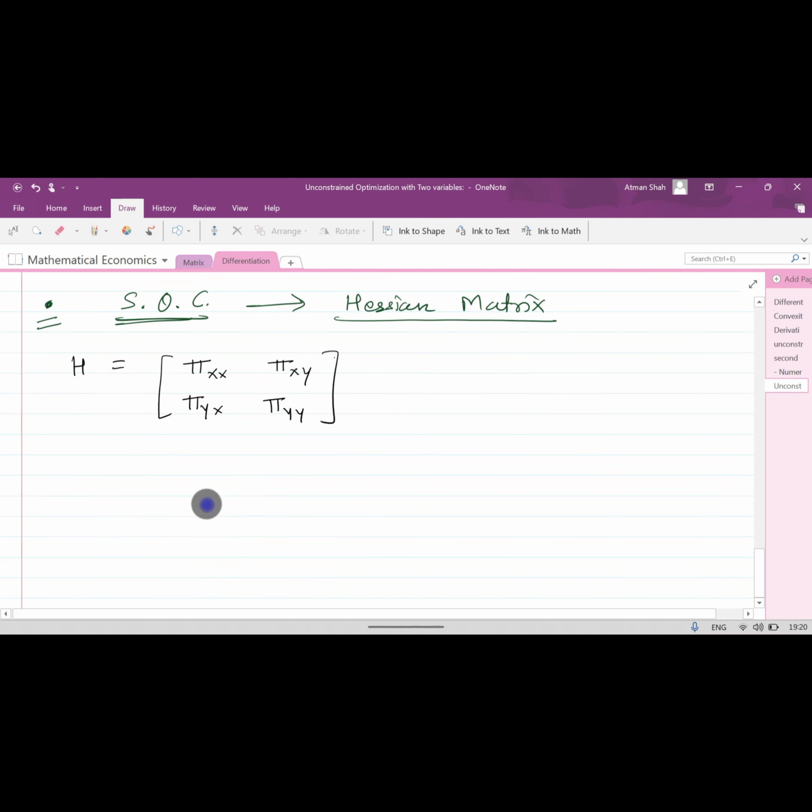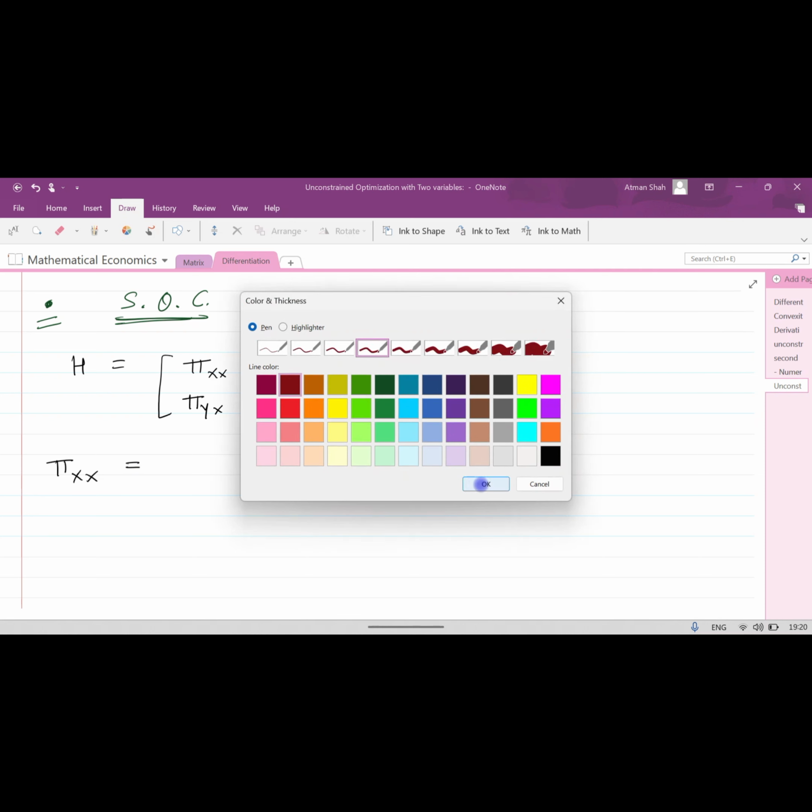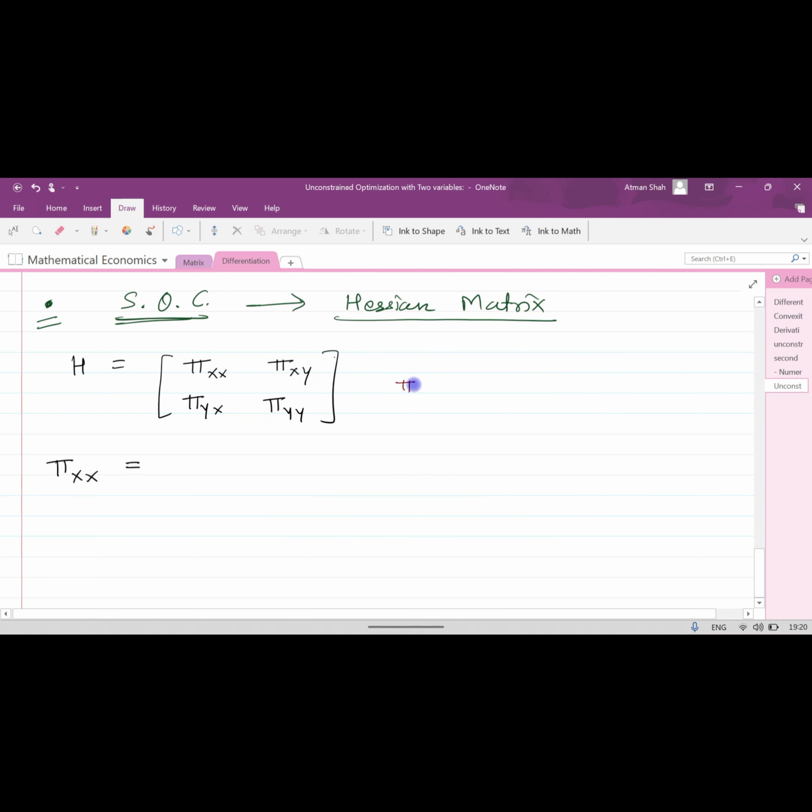So let's find pi xx first. So now what is our profit function? Let me note down again. The profit function pi is equal to 100x plus 120y minus x square minus y square minus xy.